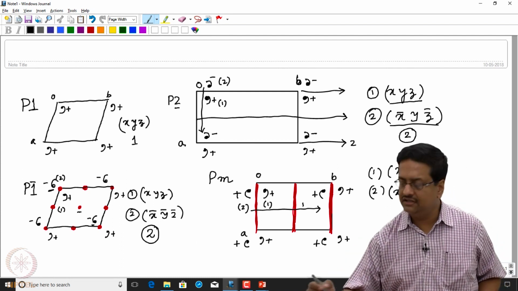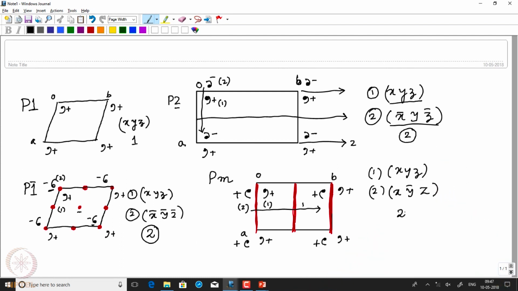And once again we see that there are 2 lattice points in this unit cell. So, whenever we are identifying these number of lattice points, these are designated by a number called Z.